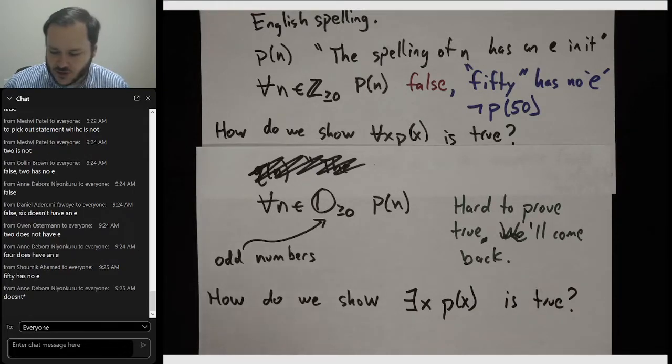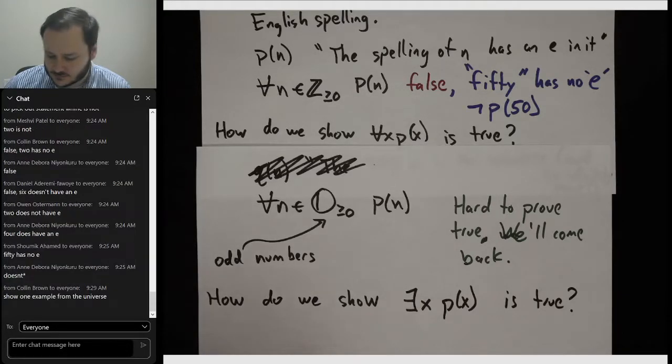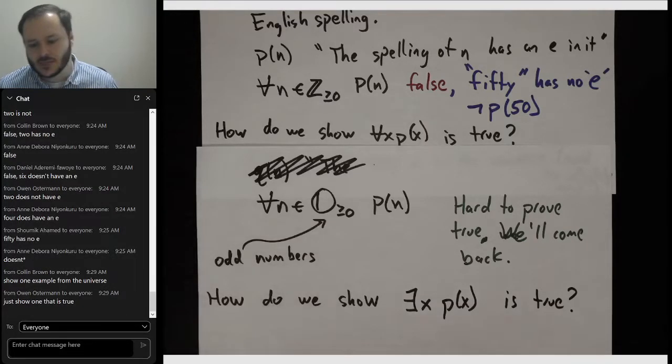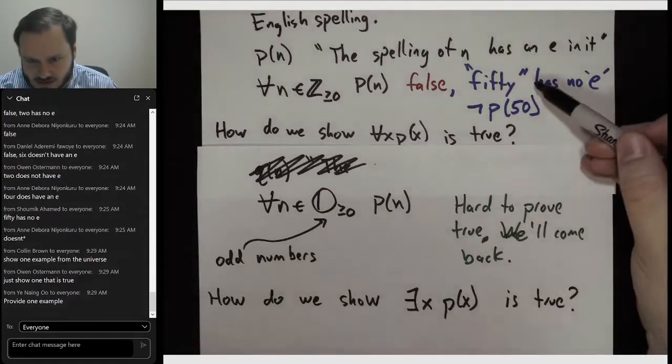How do I show there exists a number such that the spelling of n has an e in it? Just pick one. This isn't even a counterexample.